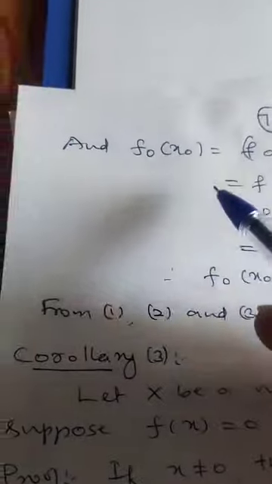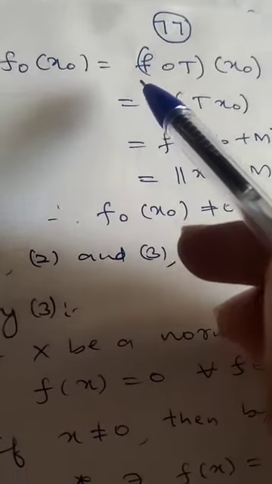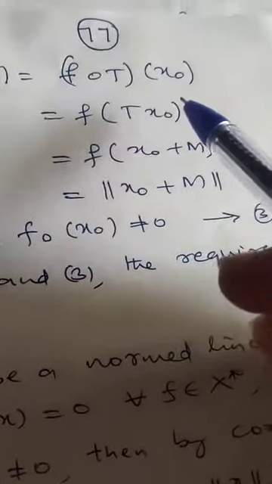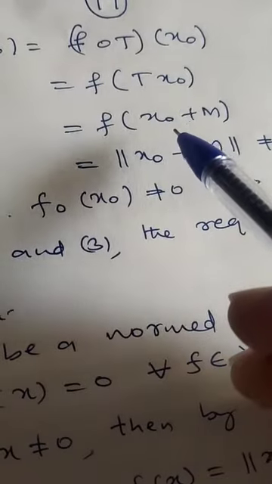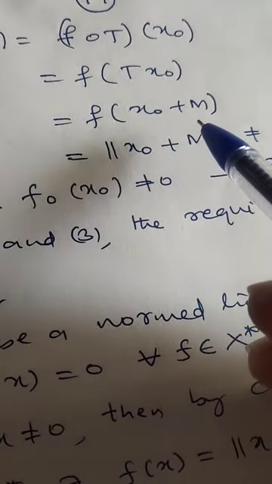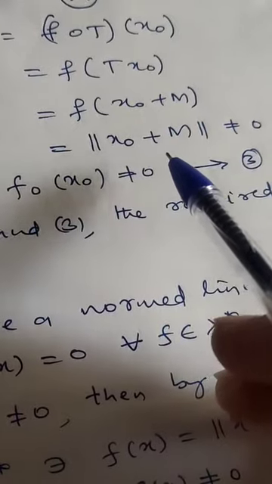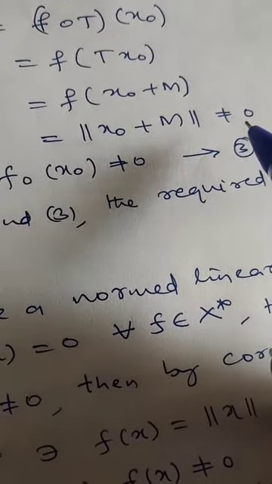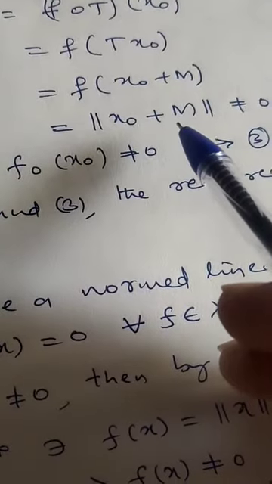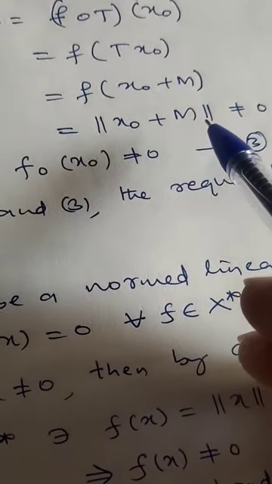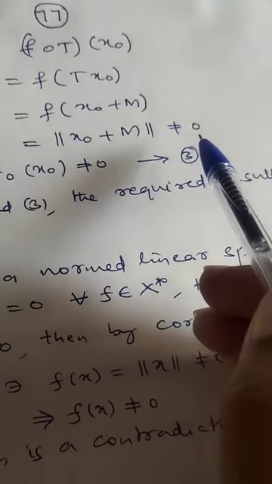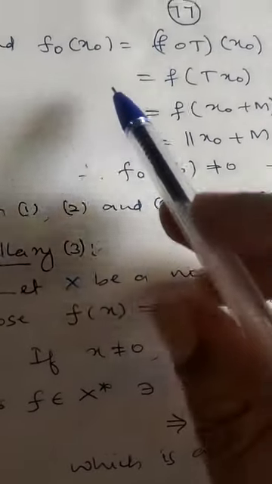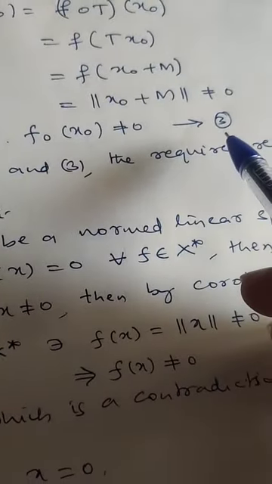We take f naught of x naught. f naught of x naught is f of T of x naught, which is f of x naught plus M. But f of x naught plus M is the norm of x naught plus M. This is a non-zero element because x naught does not belong to M. The norm of a non-zero element is non-zero, so it is not equal to 0, meaning f naught of x naught is not equal to 0. You call this number 3.